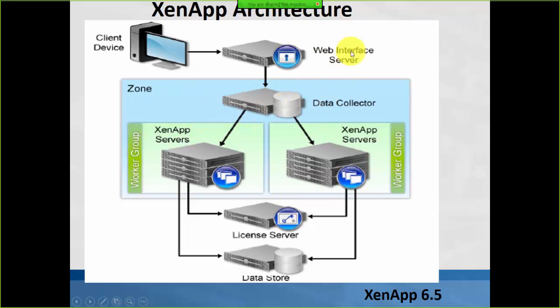And then the web interface server provides application links to the client, so they will see all the icons in the browser. So that's why there's a web interface server which gets automatically installed. Well, automatically when we select that option, and we're going to select it today. So this is just the basic major components of XenApp architecture that we will be deploying.